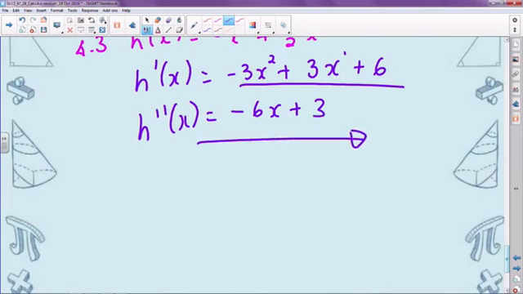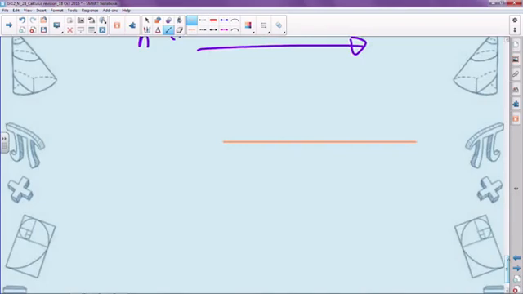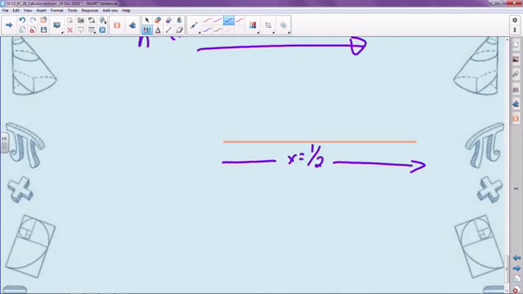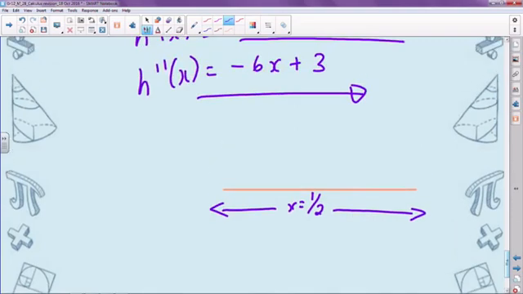Now remember, what you want to find out is what's happening around the point a half. Let's say that that's our number line, and I've got the point x is equal to a half. I want to know what's happening to the right of that and to the left of that point. All you've got to do, guys, is take any value that lies to the right of the point a half, put that in place of x in your second derivative and see what the sign is going to be.